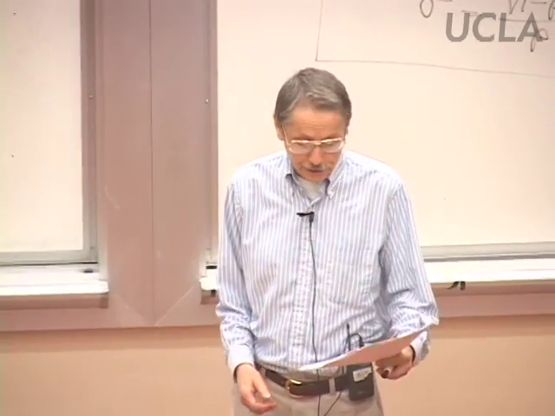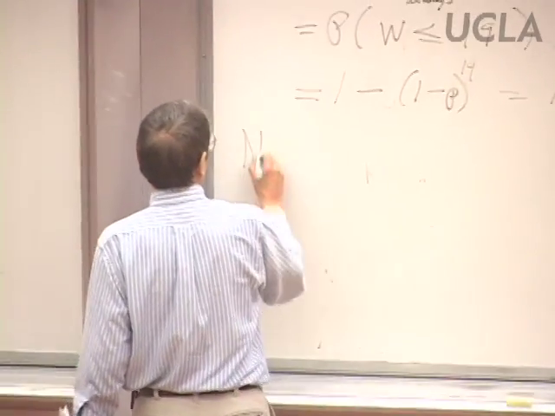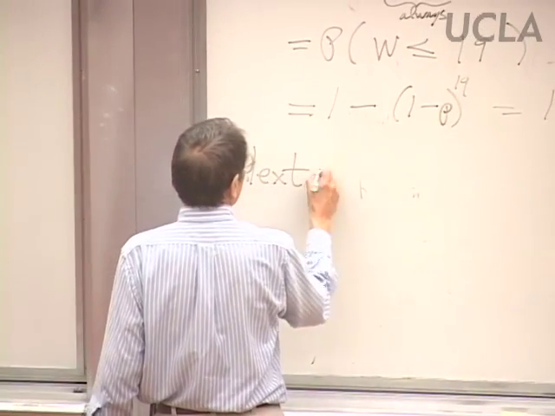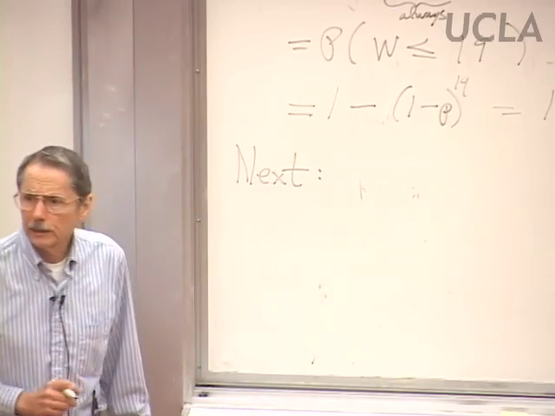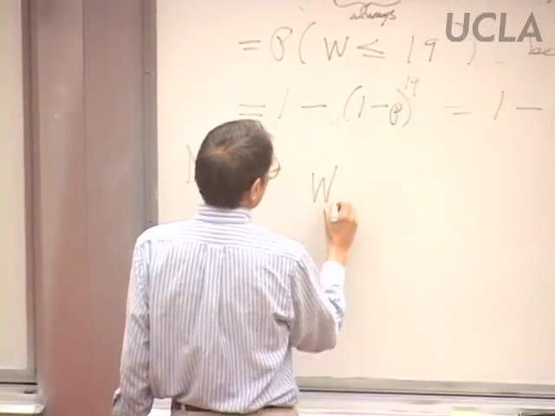Now, let's change the game a little. Let's look at a different random variable, W sub 2.